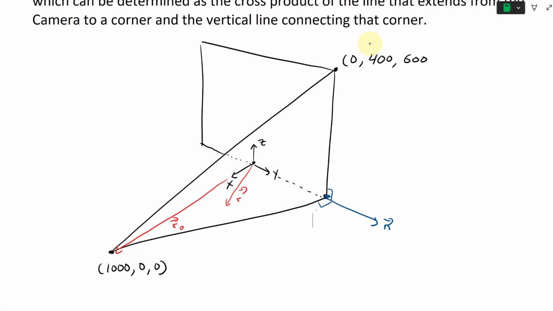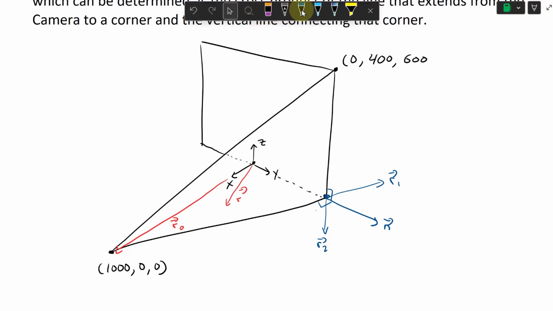Now we can determine that normal vector by this line going across here. I'll call this R1. And then we have a vector going from the vertical one down, R2 like that. Basically the cross product of those two will get this normal vector. And we can determine R1 and R2 just by the difference when we subtract.